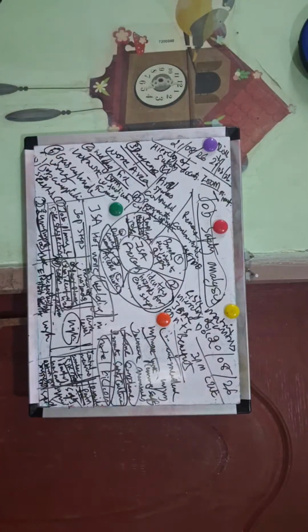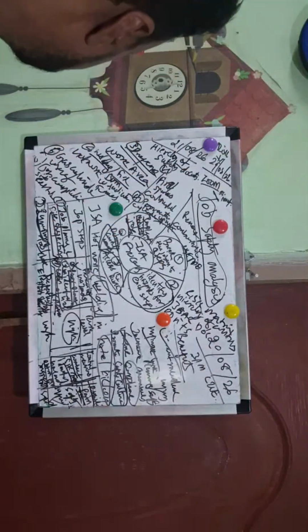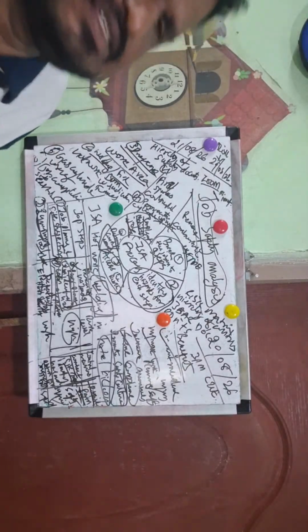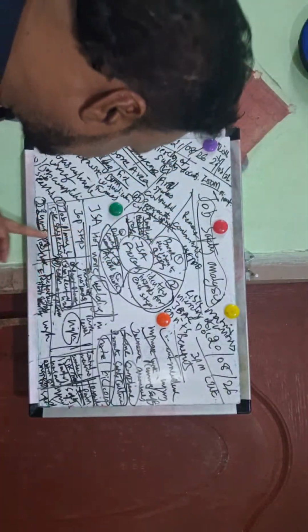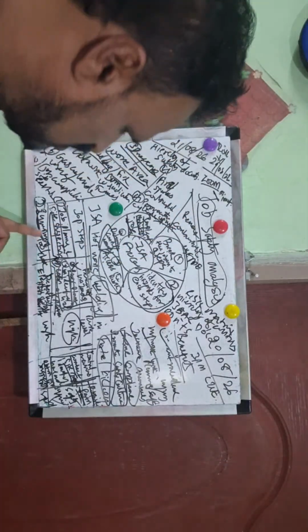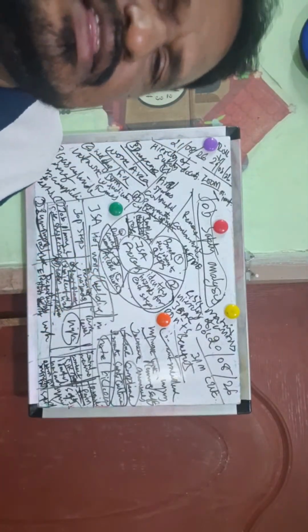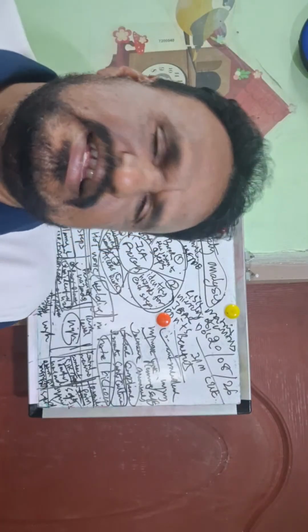Then the fifth one, gas cylinder usage. The fifth step is gas cylinder usage. The job step is gas cylinder usage. Then what will be the potential hazard? There is a chance of gas cylinder leakage.